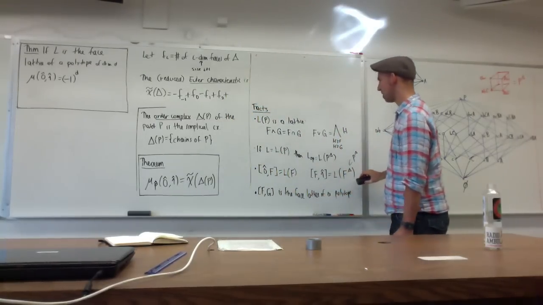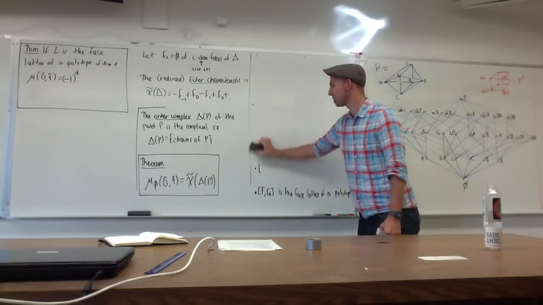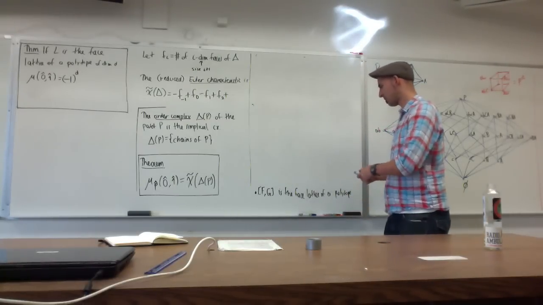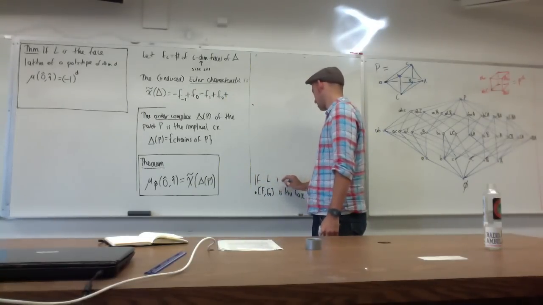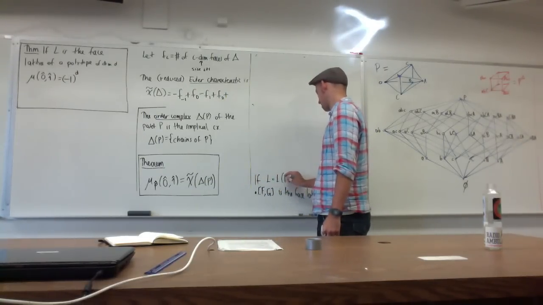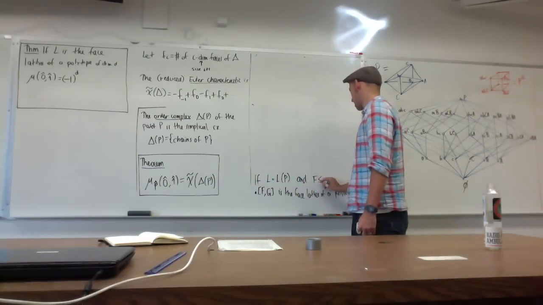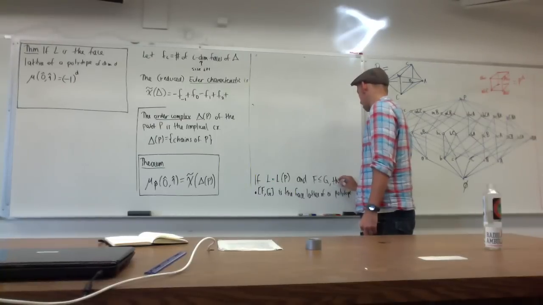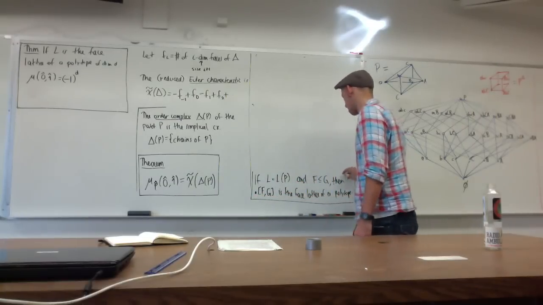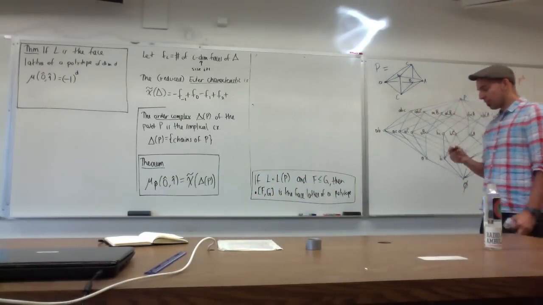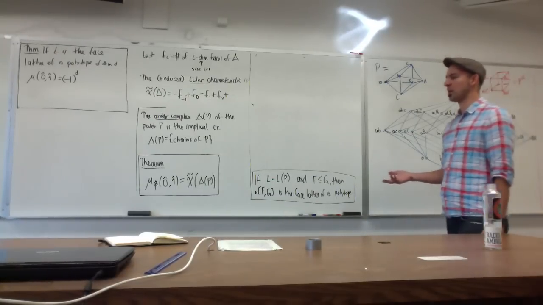So this is the main conclusion of what we just talked about. L is the face lattice of a polytope, and if F is less than or equal to G, then this is the face lattice of a polytope. Let me show you one explanation.